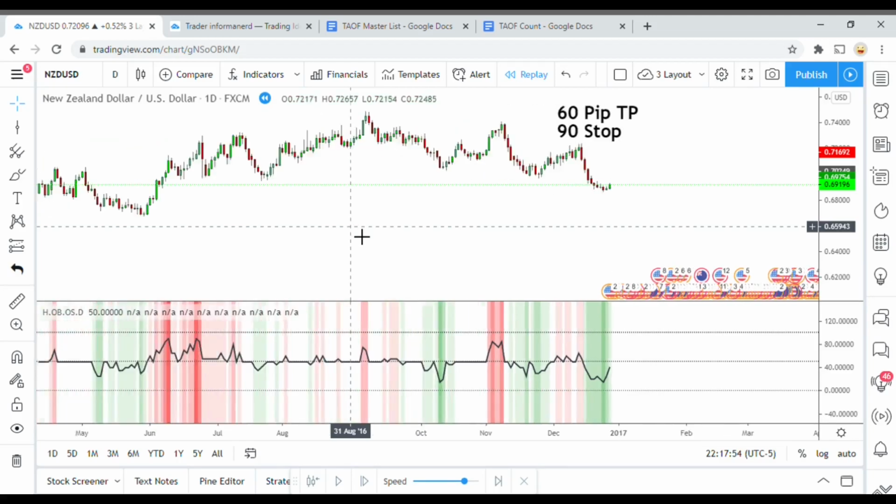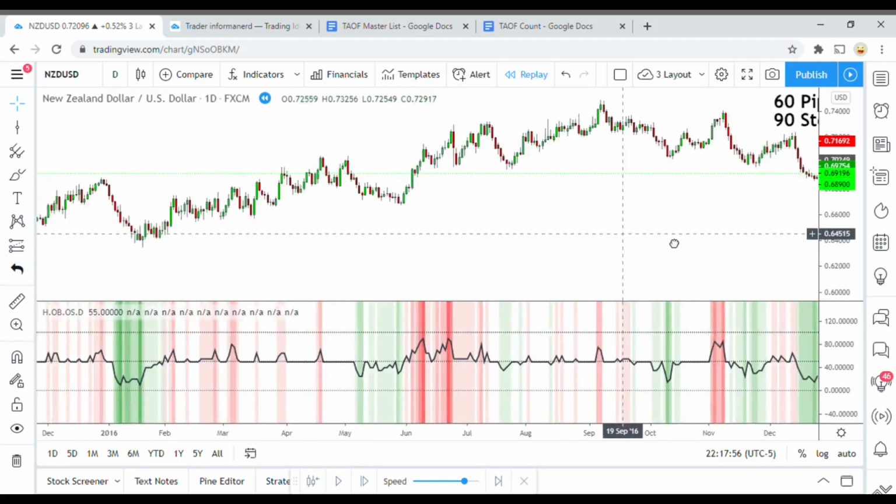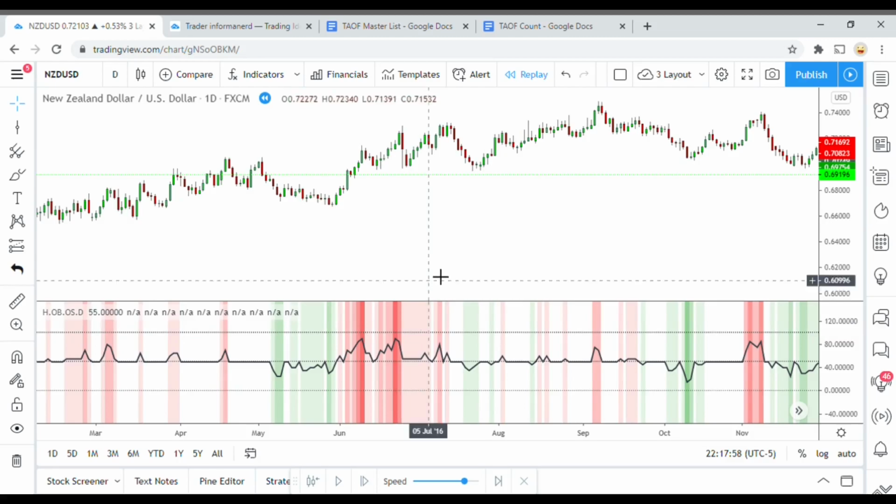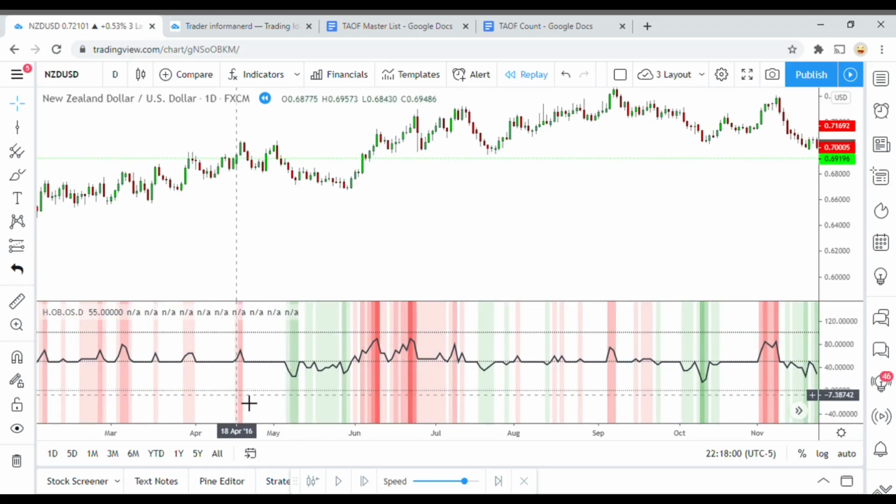It's a little hard to see here, but as I scroll back, you can see instances where we go from a really light shade, which means there's one, then maybe two of the indicators. It doesn't really say which, but there will be one, and then two of the indicators in an overbought position.